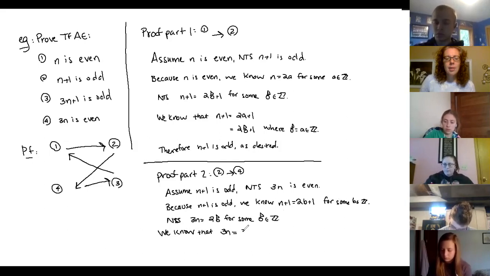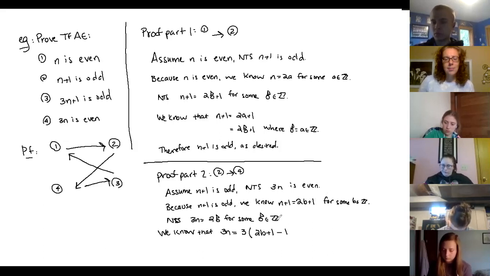3n equals, I'm going to need to do a little bit of rearranging here. So 3n equals 3 times, a little jump, but nothing big, 2b plus 1 minus 1. The n plus 1 is 2b plus 1, right? But I wanted an n inside of here, so we've got n plus 1 minus 1.